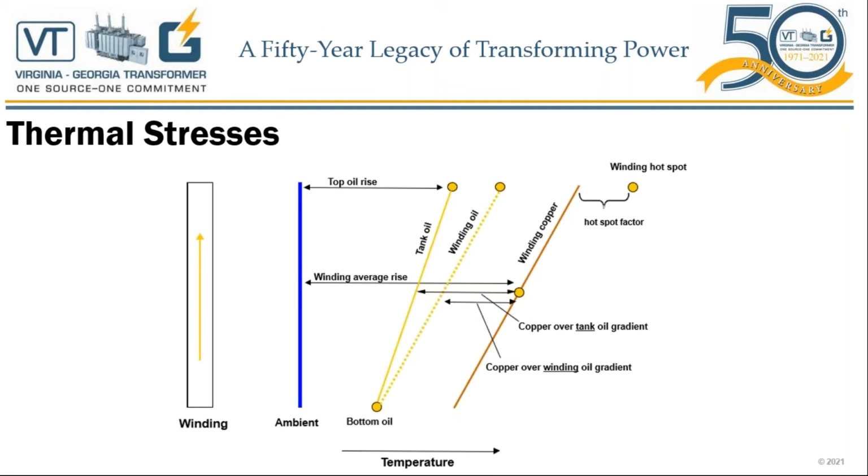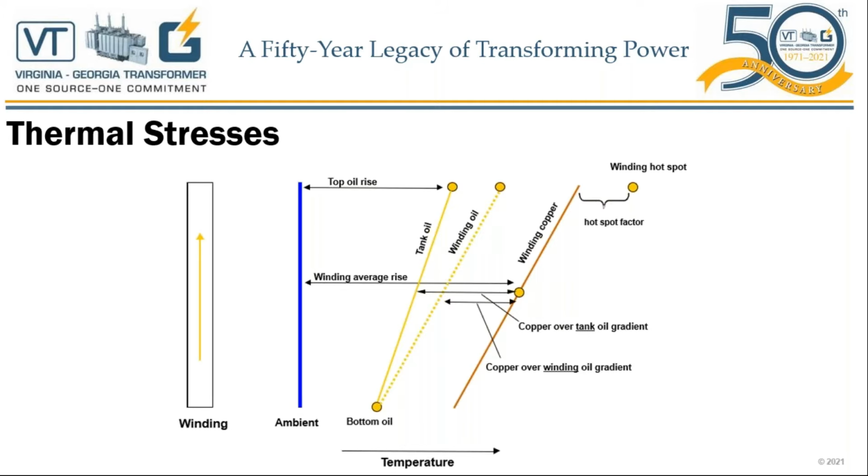After talking about the principles of mechanical stresses on transformers that can happen in the field due to short circuit faults or even transportation, now it's time for us to get into the thermal stresses. Thermal stresses is one of the main killers of the transformer, which is because of the cellulosic materials aging.